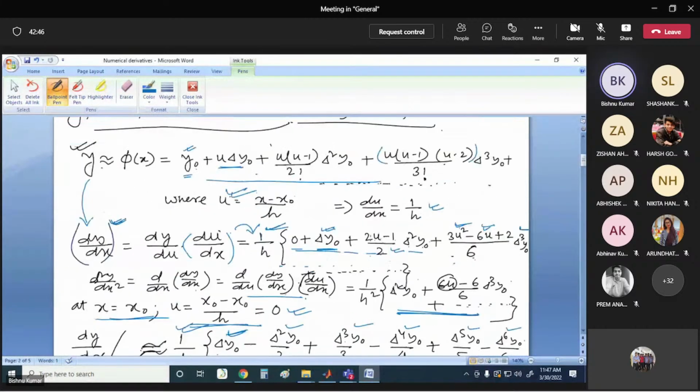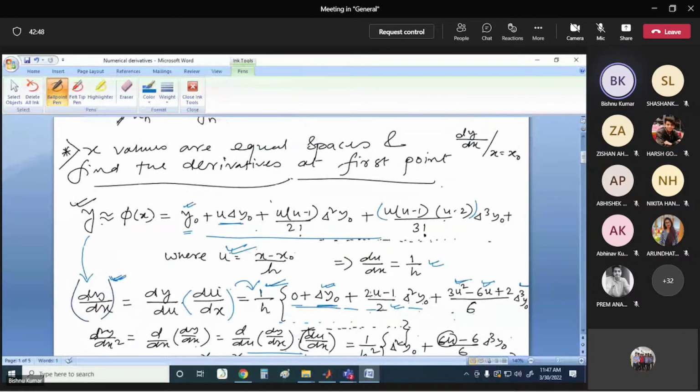Are you seeing this? In Newton forward interpolation, you take the derivative with respect to u, with 1 by h outside. If x0 is 1.5 suppose, and x is the asking point 0, then u is 0 minus 1.5 by 1, like that for that example. Whatever u you get, you have to use that u value in this expression.